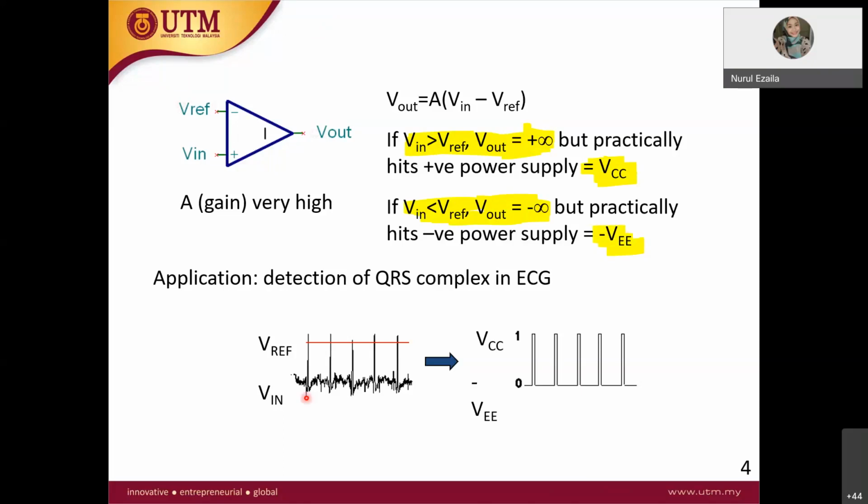If their heart rate reaches the V reference, the output is 1. If it doesn't reach the V reference, the output is 0. So we get a digital quantization of the output instead of this kind of noise.